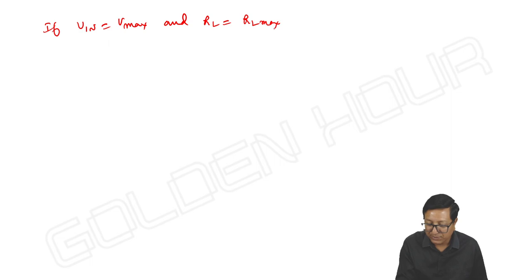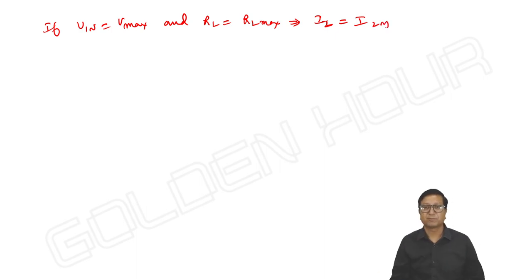Means if Vin is equal to Vmax and RL is equal to RL maximum, the corresponding IZ should be equal to IZM. No doubt about it. Here it is IZ.